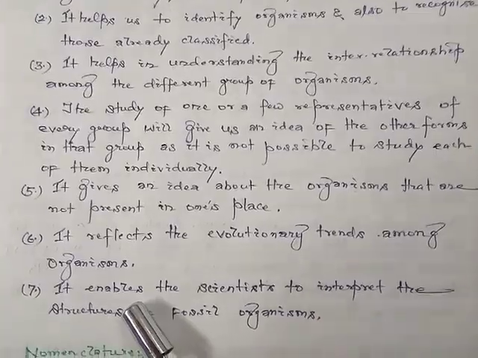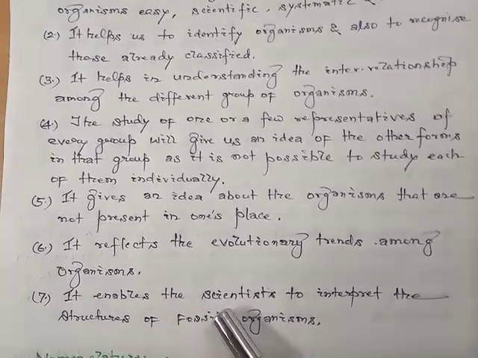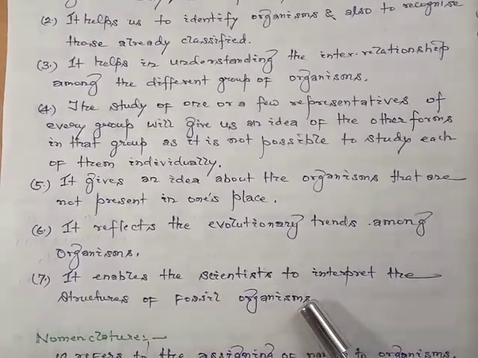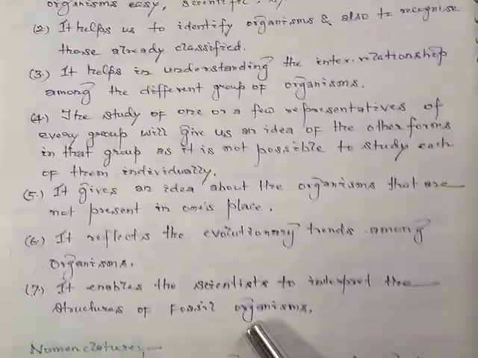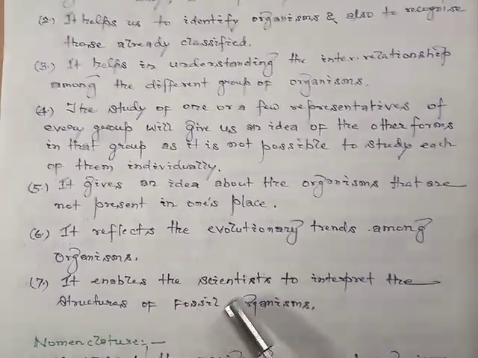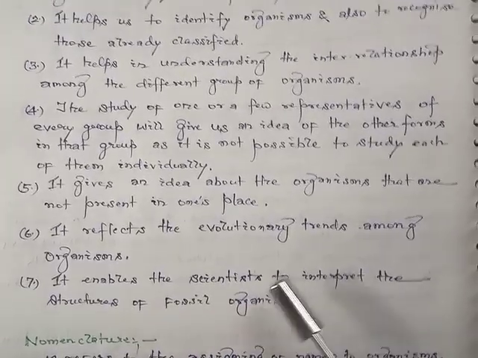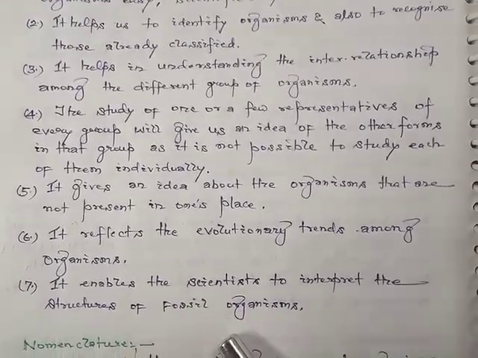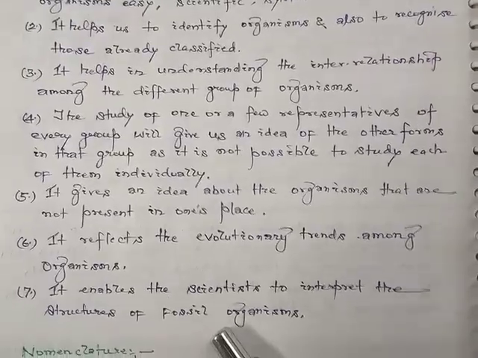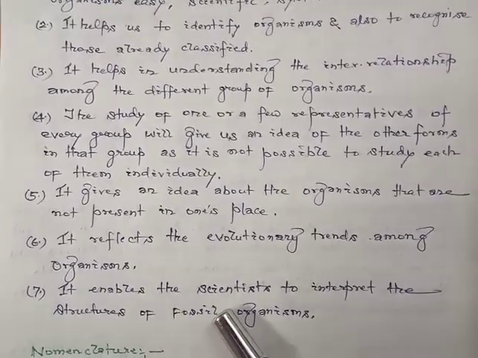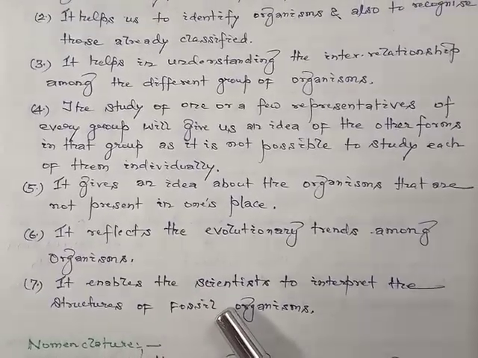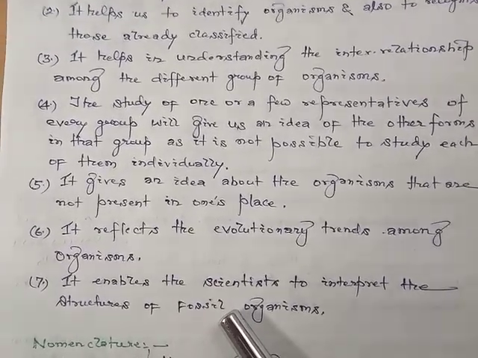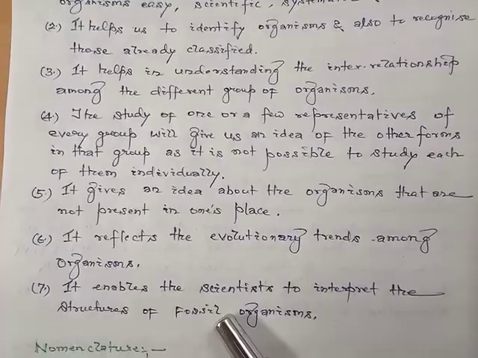Next, seventh point, it enables the scientist to interpret the structures of fossil organisms. So it also helps the scientist to analyze the structures of the fossil organisms, how they had certain specific features present within them, and why they have become extinct. Till here, thank you.